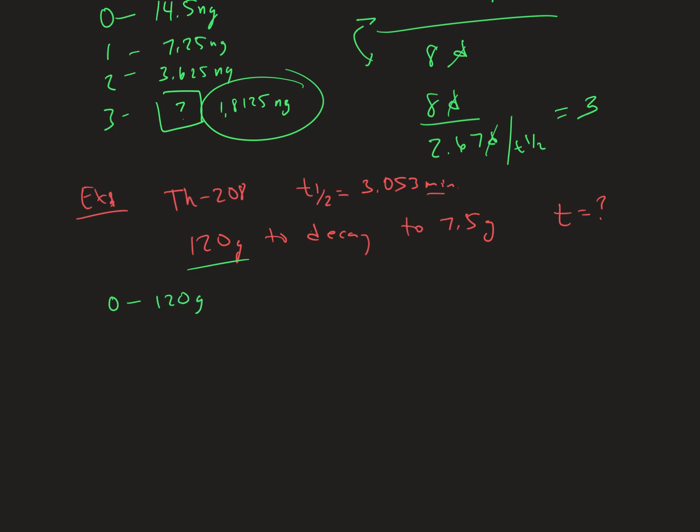It doesn't tell us you start with, but you kind of have to read the whole problem to make sense of it. And we end with 7.5 grams. So what do we do?